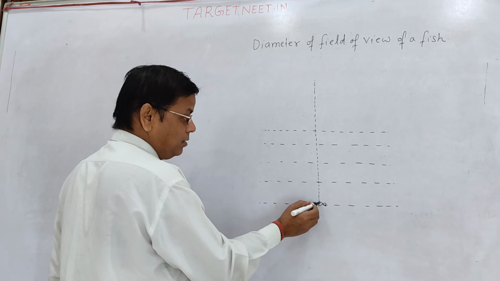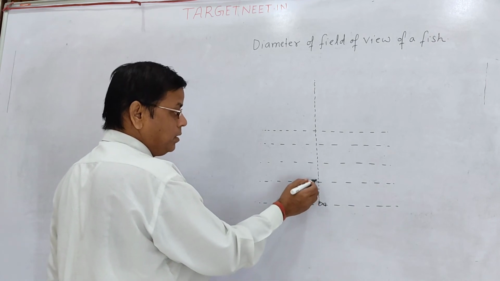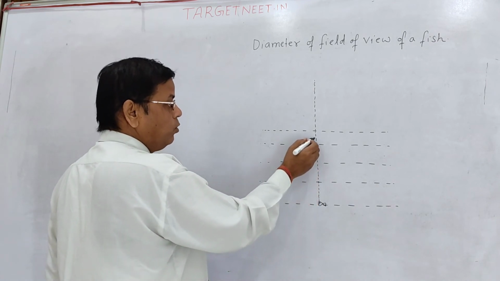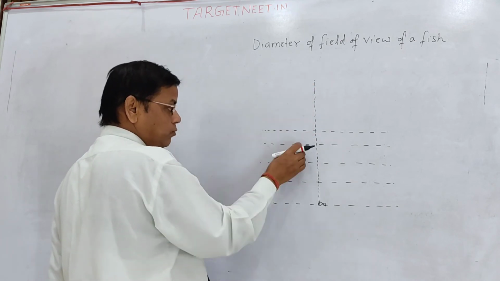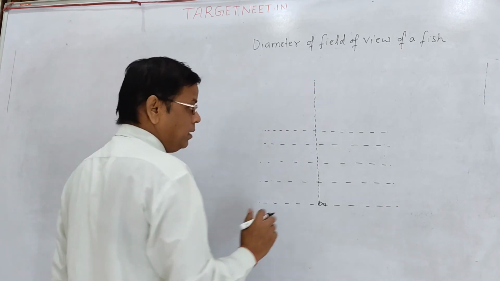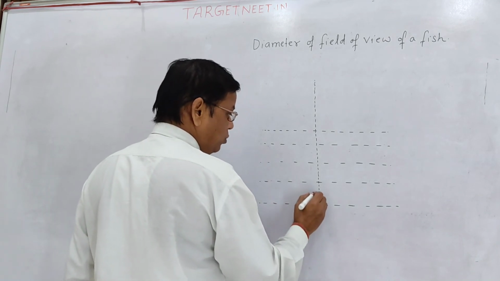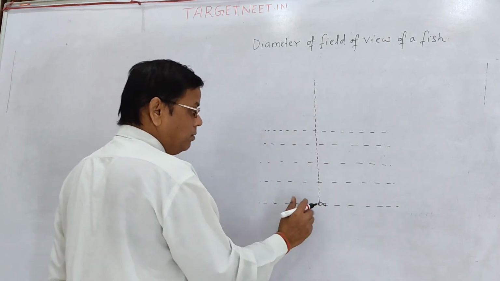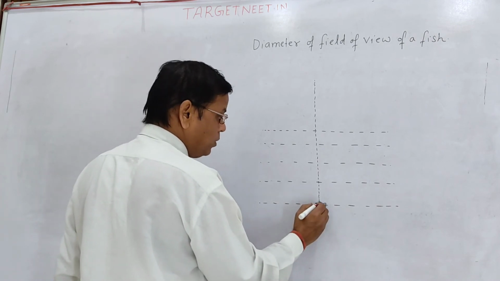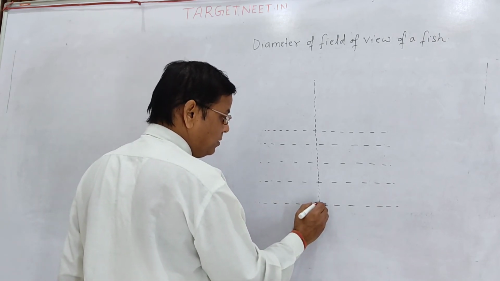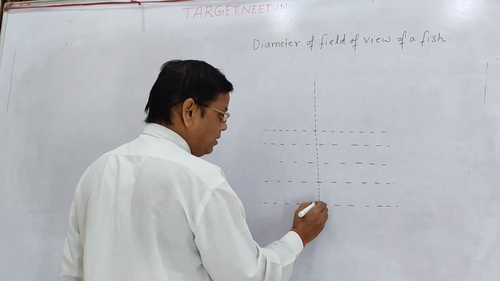So if light starts from here, it will go undeviated, and it may be able to come out from water into air. But this is not the only ray that will start from the bulb. Ray will go in all directions from this bulb.